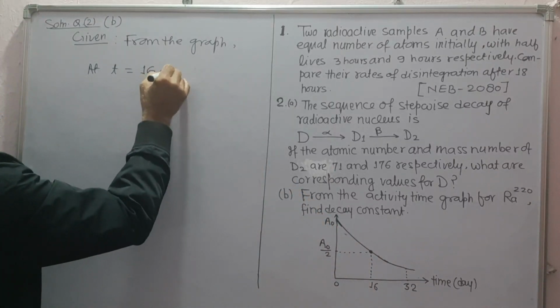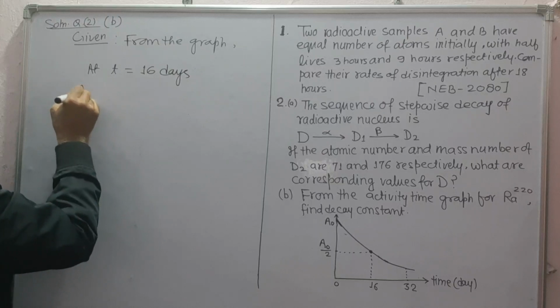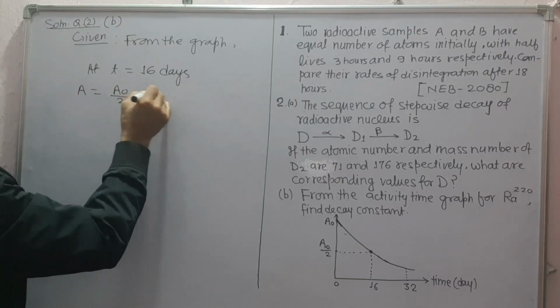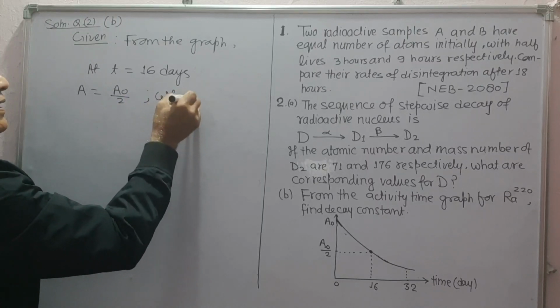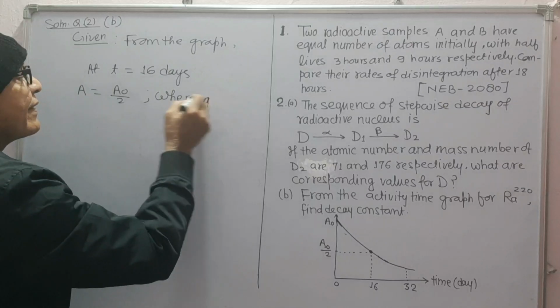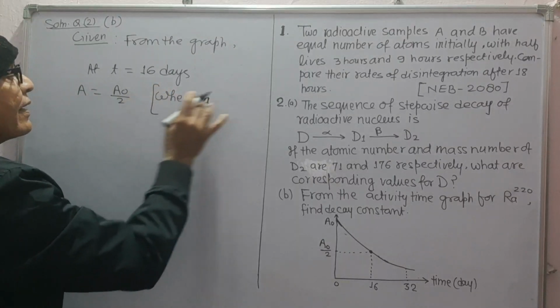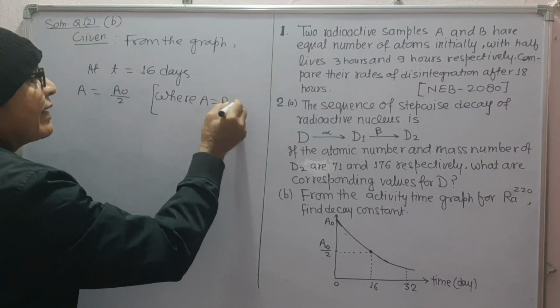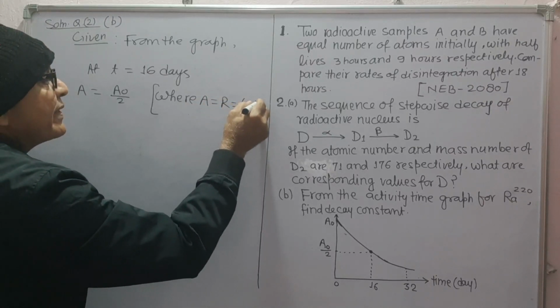Therefore, after 16 days, activity becomes half of initial activity, where A is activity, minus dN upon dt.